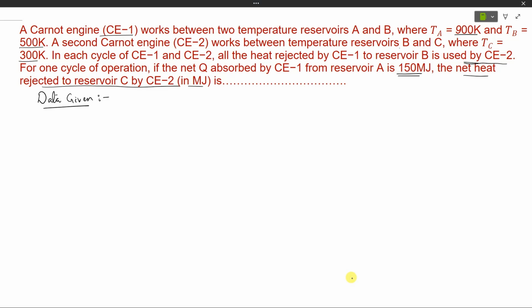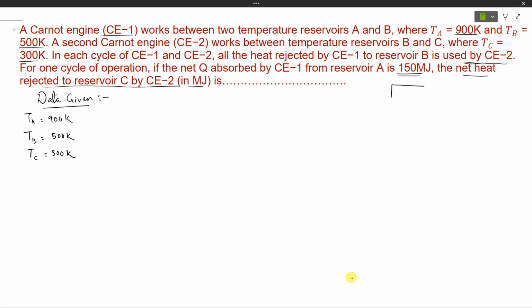It is mentioned that TA equal to 900 Kelvin, TB equal to 500 Kelvin and TC equal to 300 Kelvin. So here, for more clarity, let's draw a diagram of Carnot engine, that is Carnot engine 1 and Carnot engine 2.